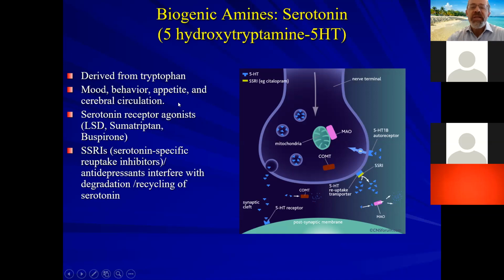And what's interesting is certain medicines that have been used, known as serotonin receptor agonists. One particularly is called sumatriptan or Imitrex. Those of you that get migraine headaches, you may be familiar with this drug. This is a drug that's used to level off or to reduce migraine headaches.